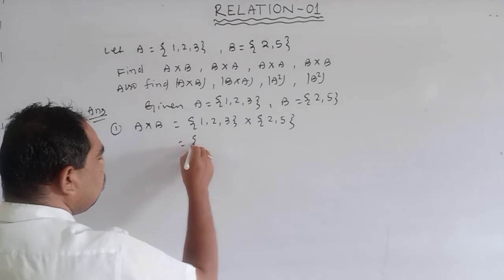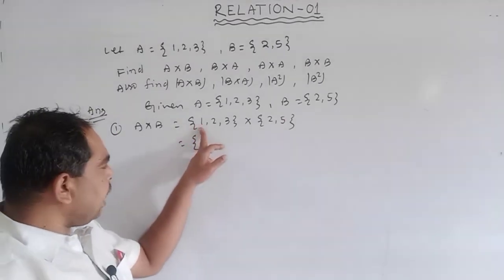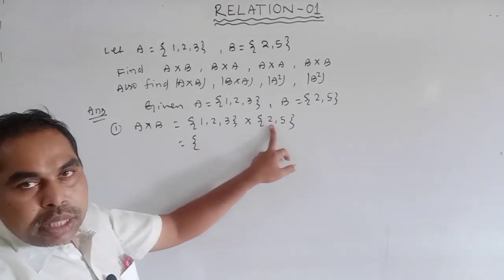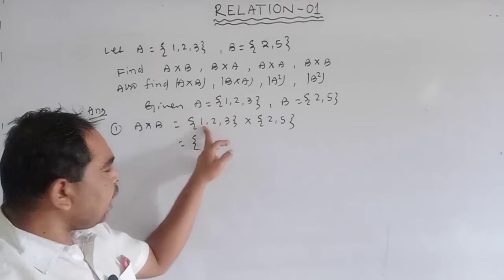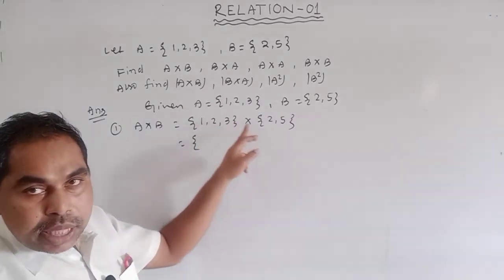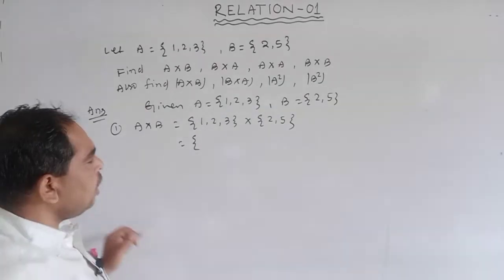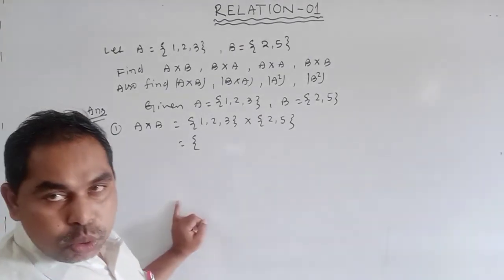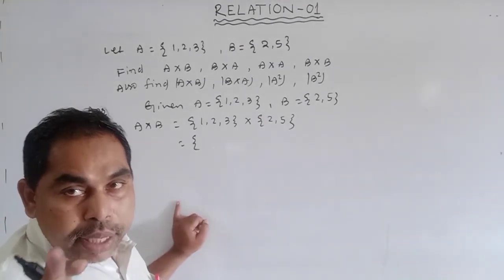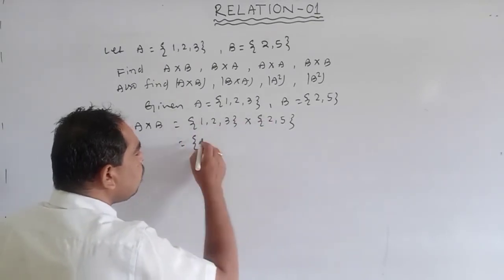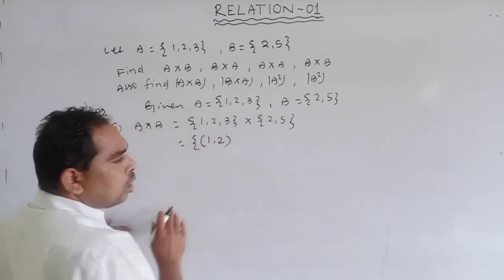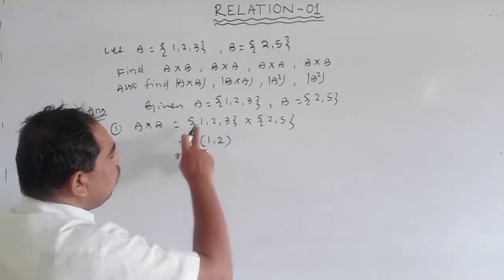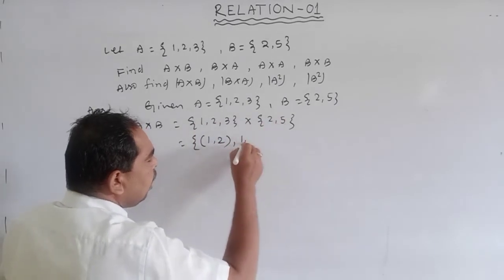The first element of set A is multiplied with each element of set B, and we write first the element of set A, then the element of set B, in an ordered pair. 1 into 2 is not equal to 2, but we write here (1, 2). 1 into 5 means (1, 5).